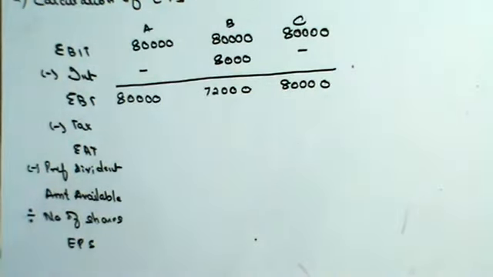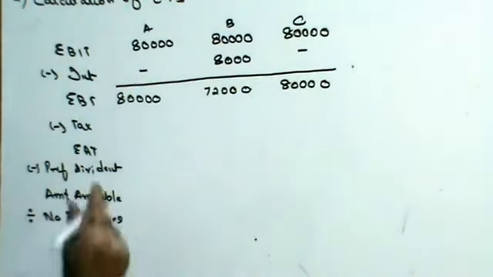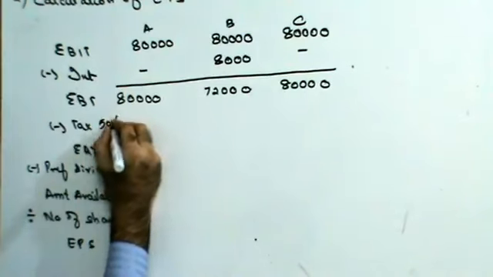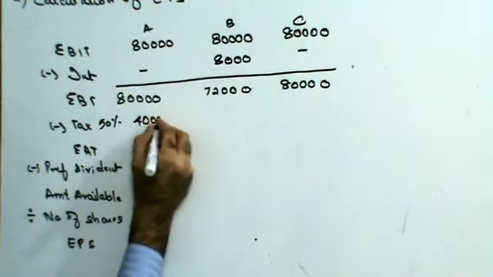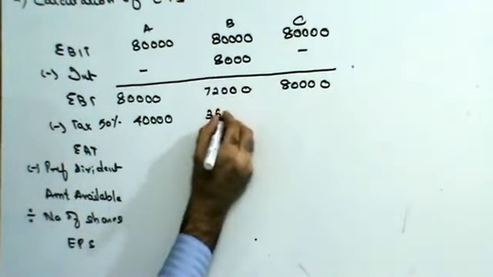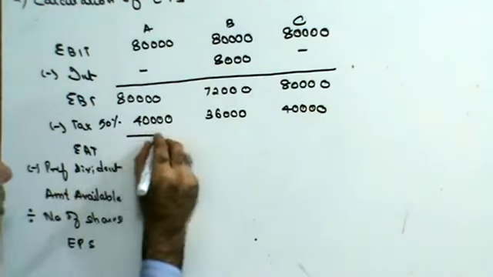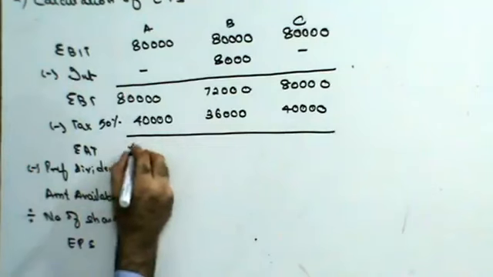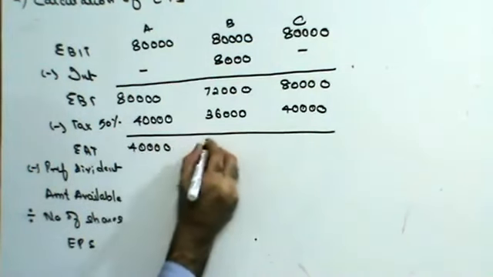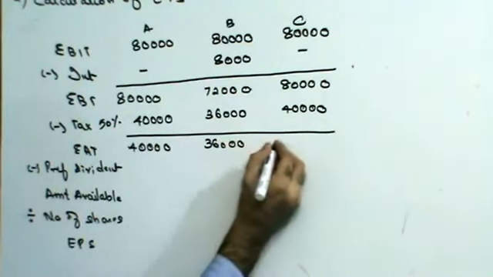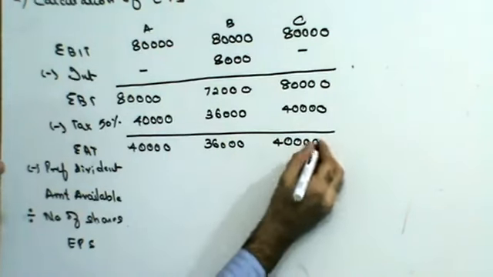Tax rate is given to you as 50%. So this is going to be 40,000, 36,000 and 40,000. Hence your EAT is going to be 40,000, 36,000 and 40,000.